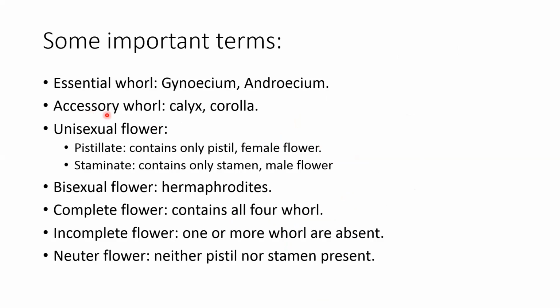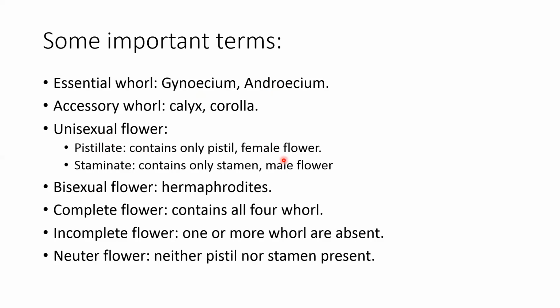Then a flower could be a unisexual flower or a bisexual flower. A unisexual flower contains only one sex. Either it contains gynoecium or it contains androecium. The flower which contains only gynoecium or pistil is known as pistillate flower. Examples: sunflower has three kinds of florets: female flowers, male flowers, and neutral flowers.